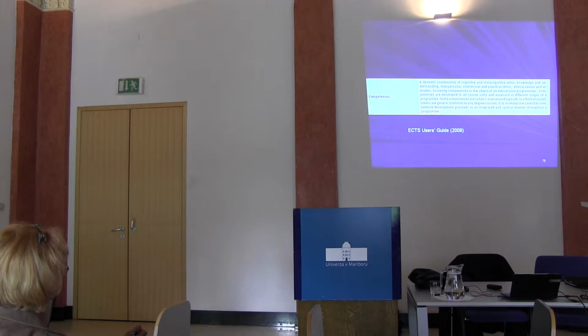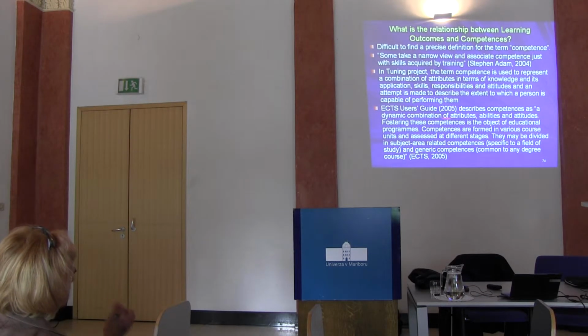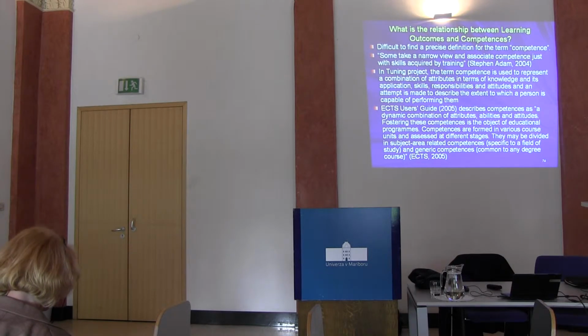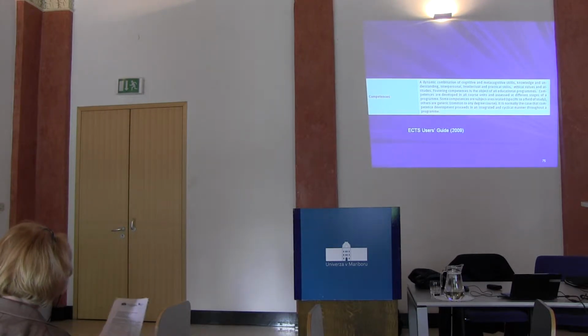If you look up the definition of it, well, this is the 2005 User's Guide. It describes it as a dynamic combination of attributes, abilities, and attitudes. What does that mean? Very vague. I have no idea. In the 2009 ECTS User's Guide, they gave an even worse definition.